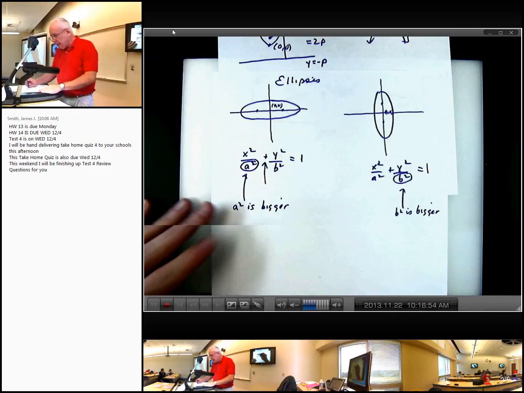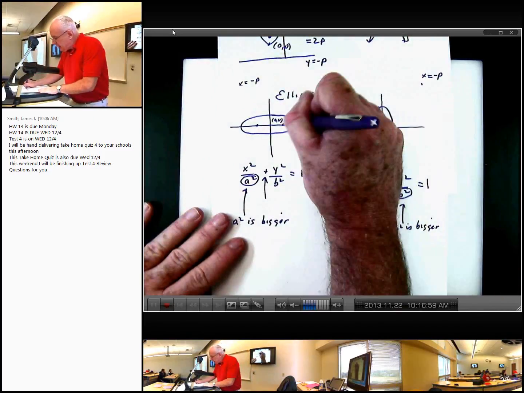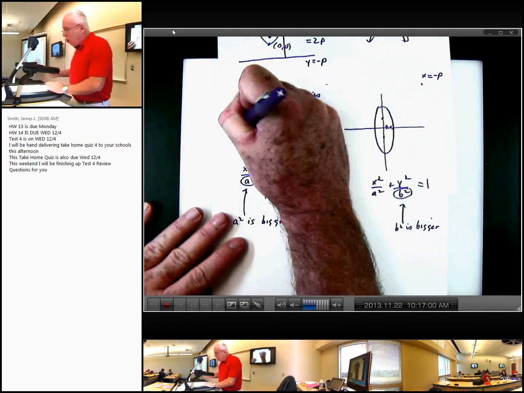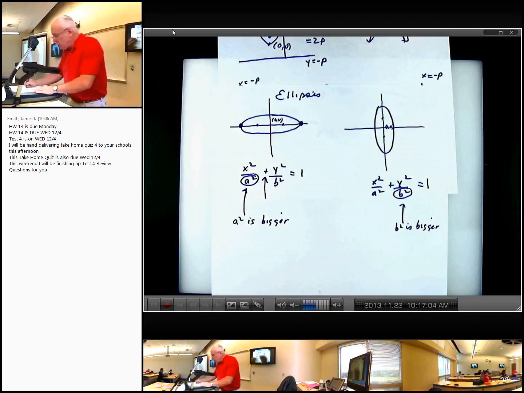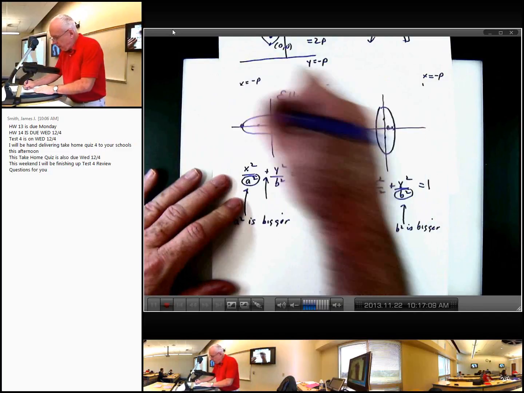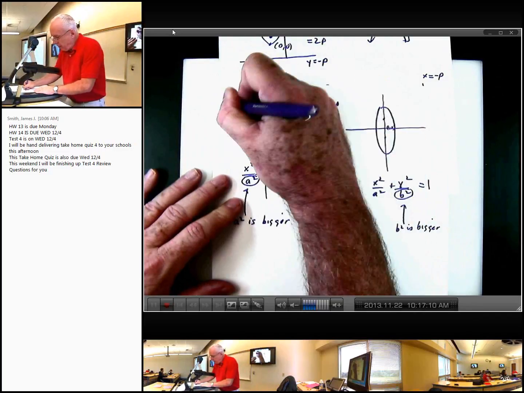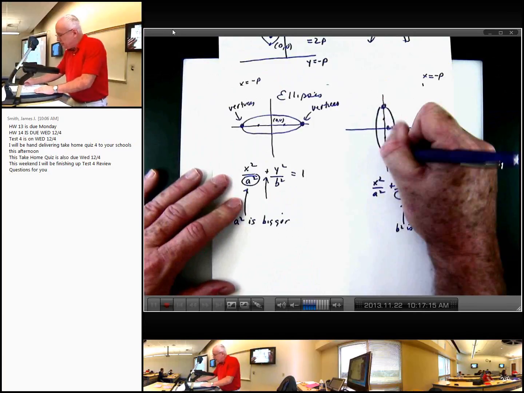The couple of things with this: the intercepts along the big axis, along the major axis, are called the vertices. Here our major axis is up and down like this.